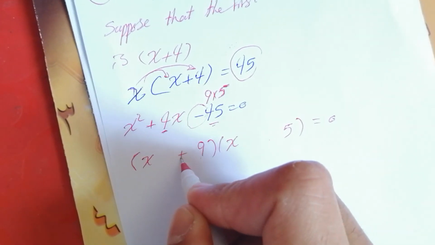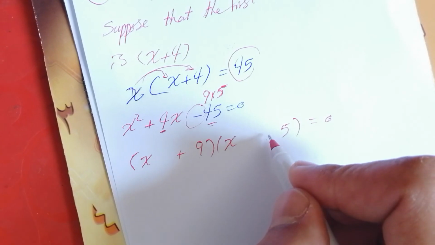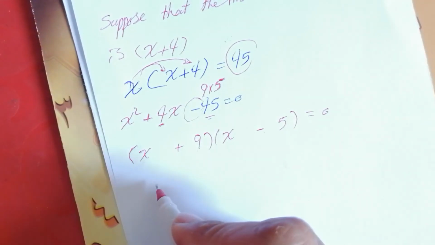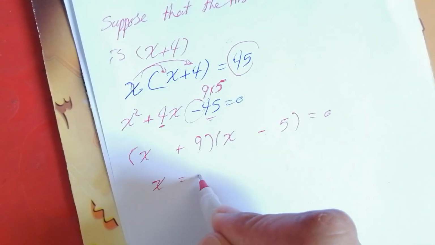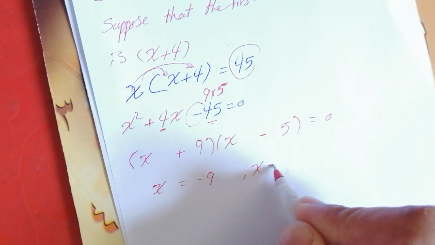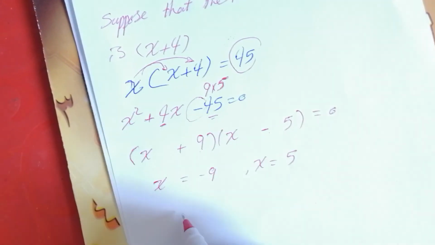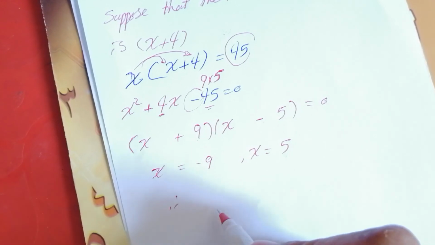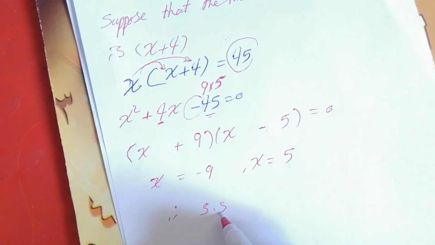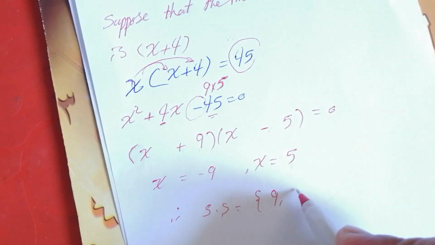So x will be positive, 9 will be positive, and the 5 will be negative. And so we have x equals negative 9 or x equals 5. So the solution set equals negative 9 and 5.